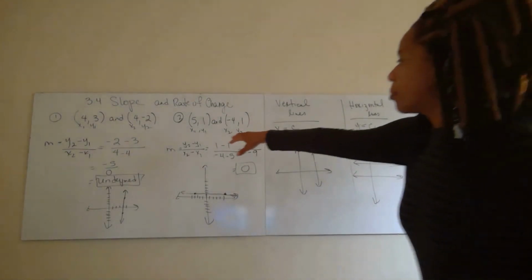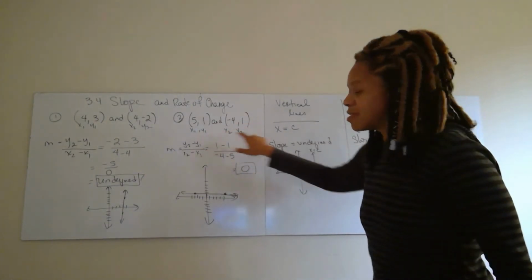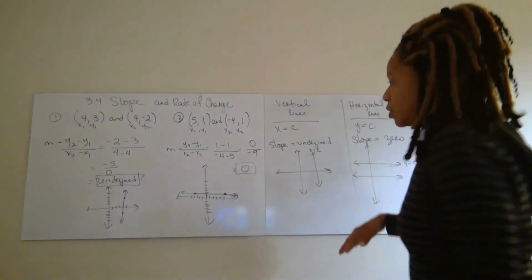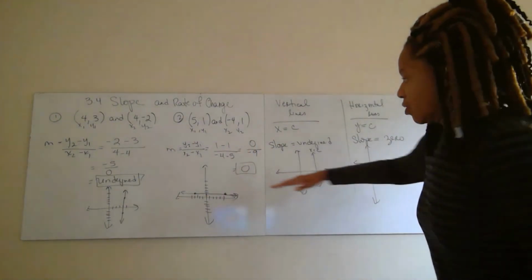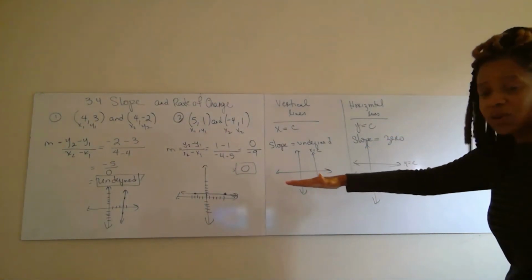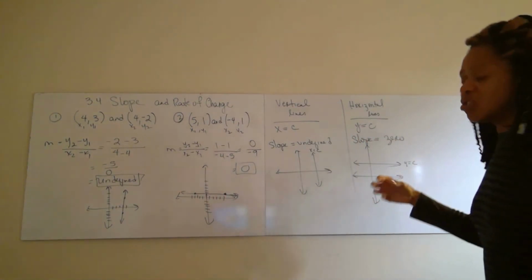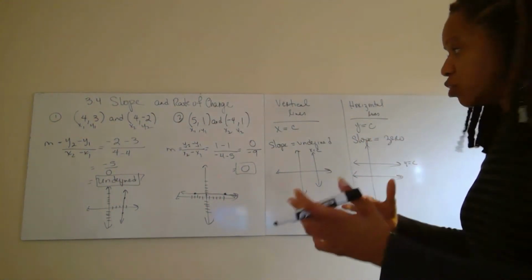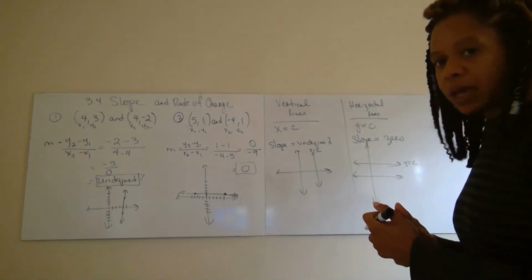On this example, (5, 1) and (-4, 1), the y's are the same. So this equation would be y equals 1. It creates a horizontal line. Anything that's a horizontal line means it's just y equal to some constant. These are just generic rules, and when you see certain types of problems, you can automatically know what it means, okay?